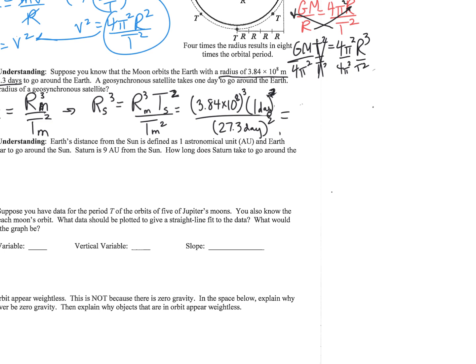We get approximately 42 million meters, which is what we got before when we found the geosynchronous orbit.